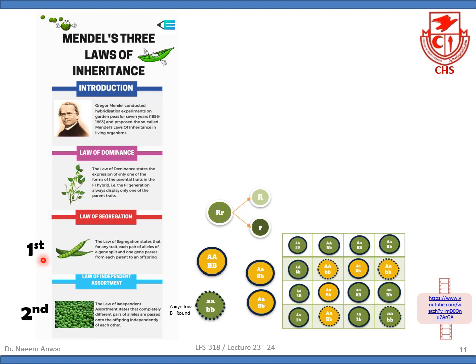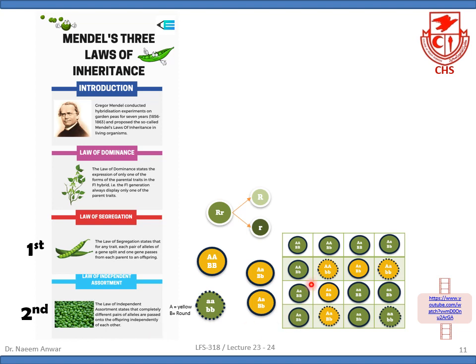We have the second law of Mendel, which is called independent assortment. Independent assortment mainly states that completely different pairs of alleles are passed on to the offspring independently of each other.